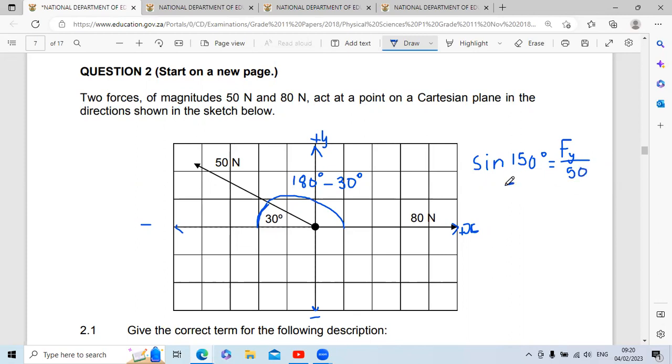Therefore, we're gonna end up with our vertical component being 50 sine 150.